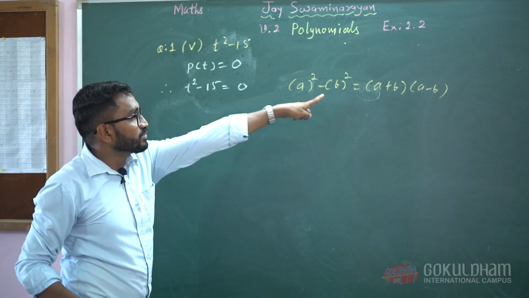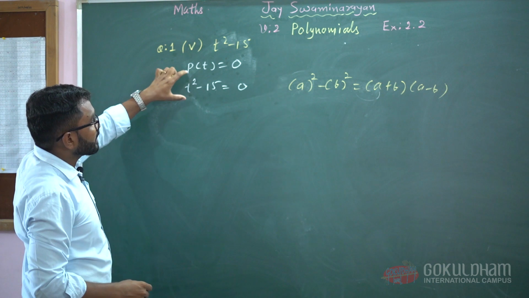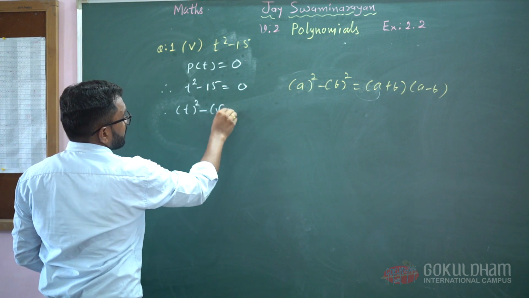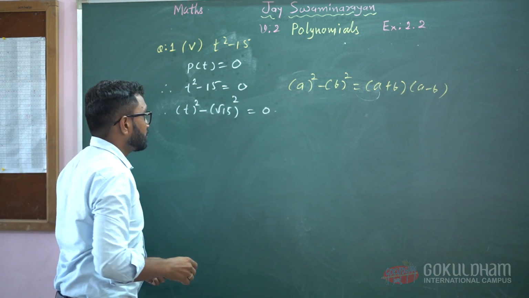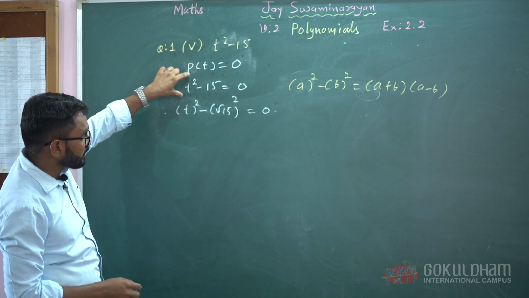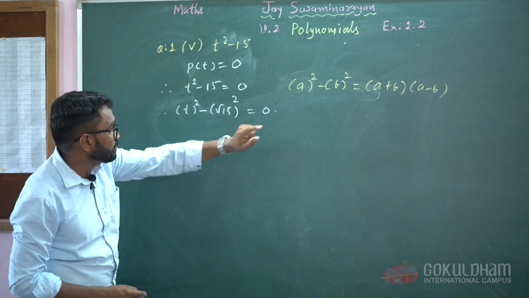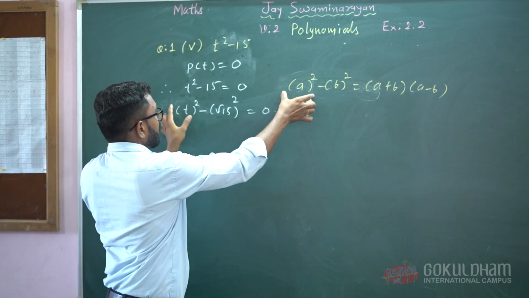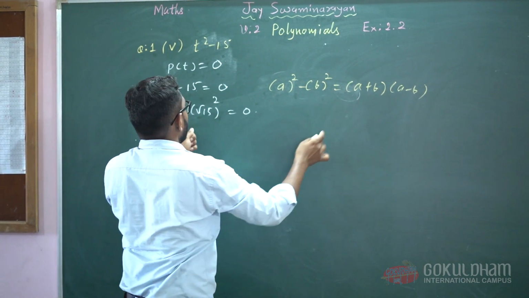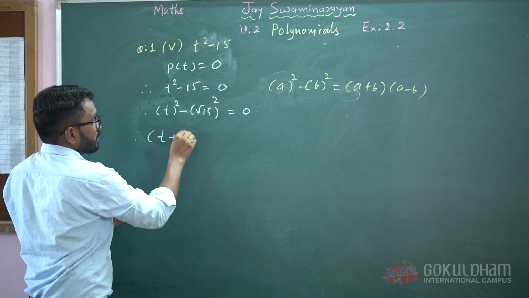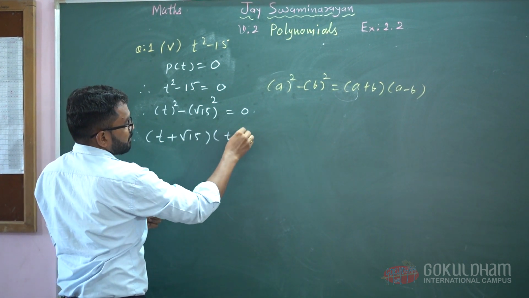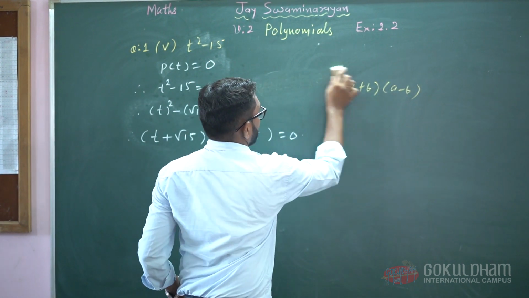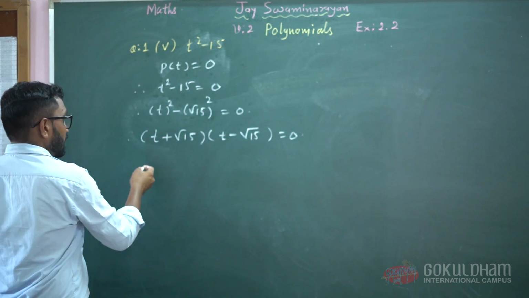According to this formula we factorize the term: t square minus under root 15 square equals 0. Using the formula, we get t plus under root 15 in one bracket and t minus under root 15 in the other bracket equals 0.